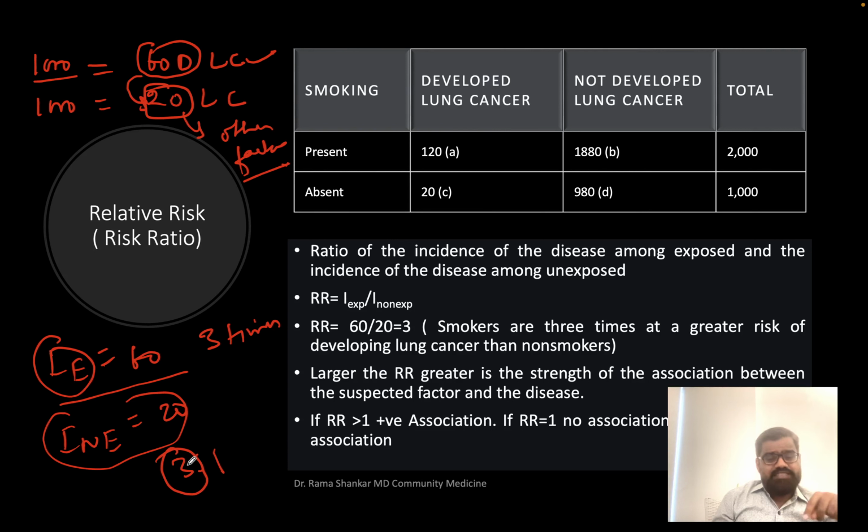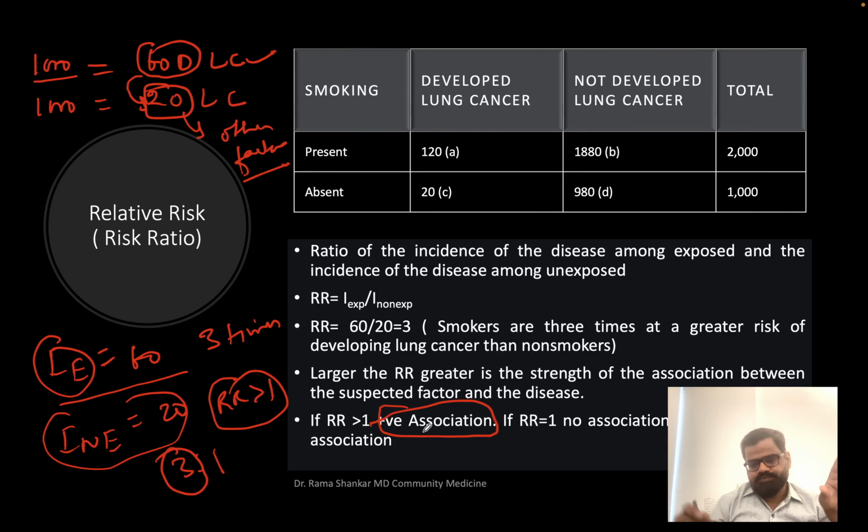Smokers are 3 times at a greater risk of developing lung cancer in comparison to non-smokers. So your relative risk is greater than 1, and as I have said, if it is greater than 1, there is a positive association. So in this example, there is a positive association. I can say the risk of developing lung cancer is 3 times more in those who are smoking in comparison to those who are not smoking.